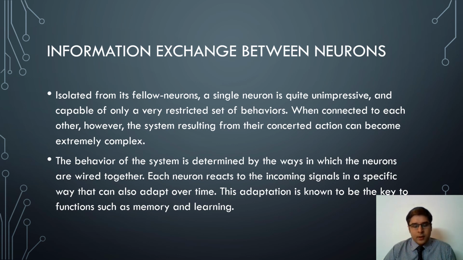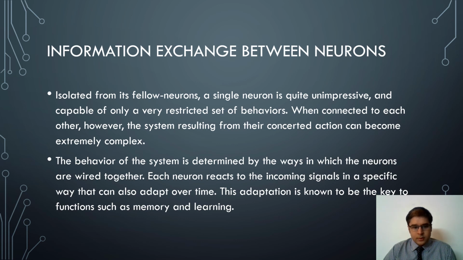A single neuron's behavior is limited to a set of functionality, and when connected to each other, neural networks exhibit a broad set of functionality that is required for the problem statement. The behavior of the system is determined by the ways in which the neurons are wired together. So the resulting output is the final result of how the neurons are wired together.